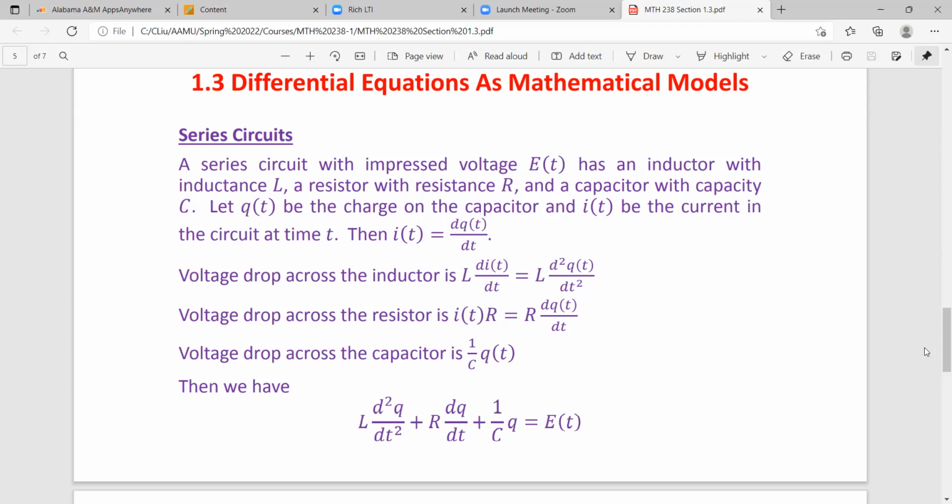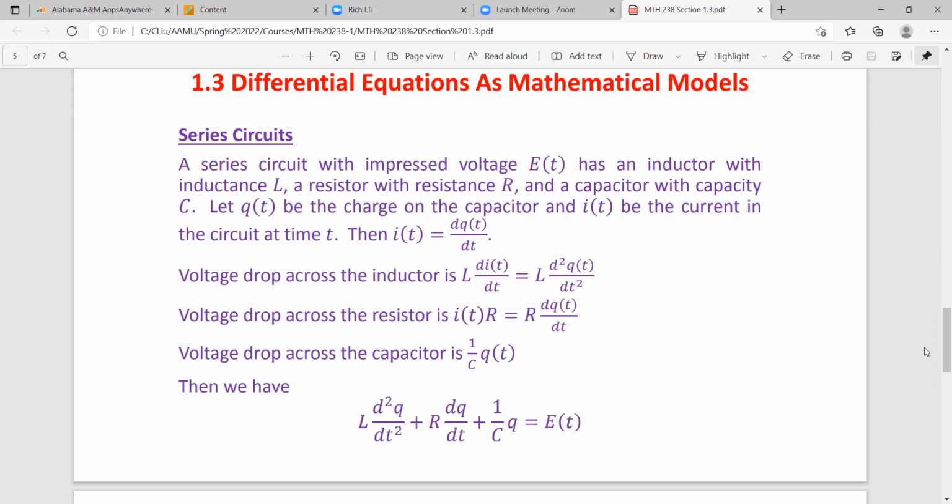So let Q be the charge on the capacitor and I of T be the current in the circuit at time T. So Q is the charge on the capacitor. Okay. So the capacitor may have some charge accumulated in it. And at the same time, we have a current flowing through the circuit.